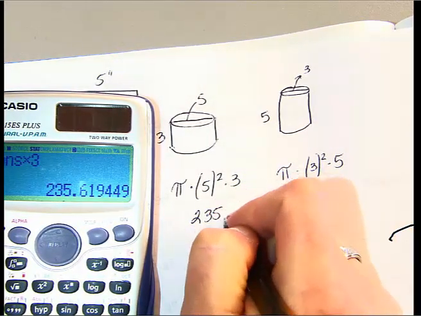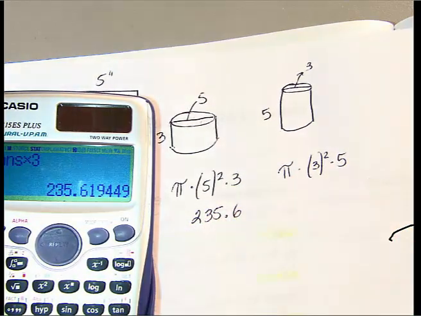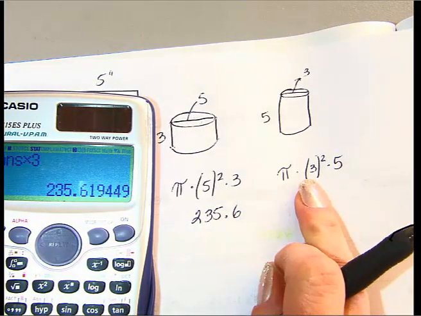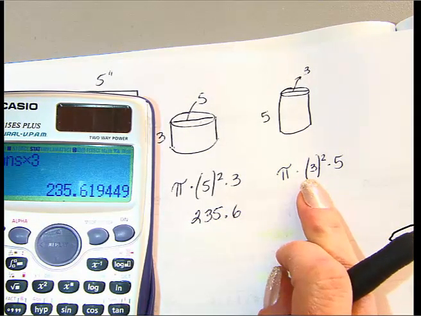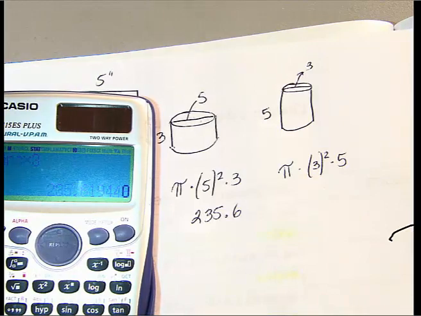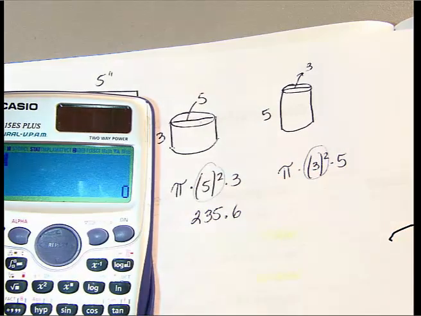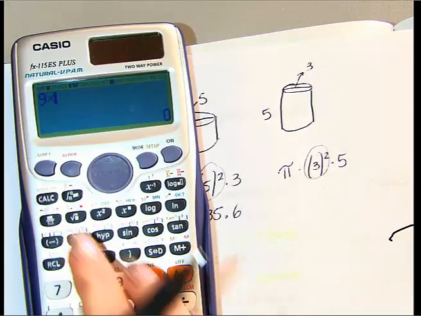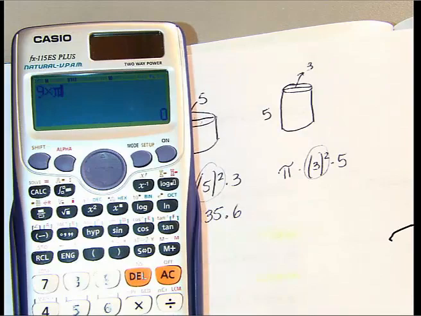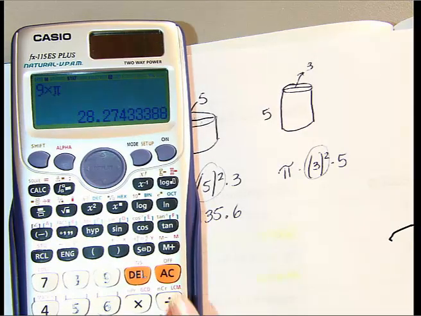Now if I did this one, just folding it hot dog way, does it change that? Well, 3 times 3 is 9, so already I know that 3 squared is smaller than 5 squared, so I think that's going to change it. 9 times pi times 5 equals 141.4.